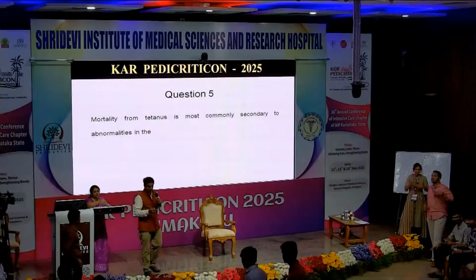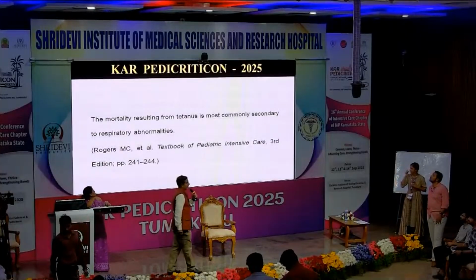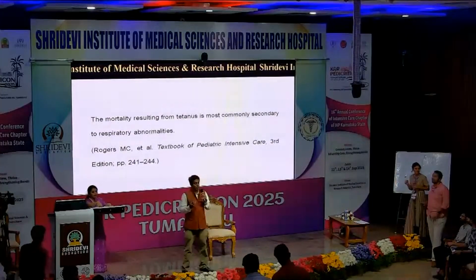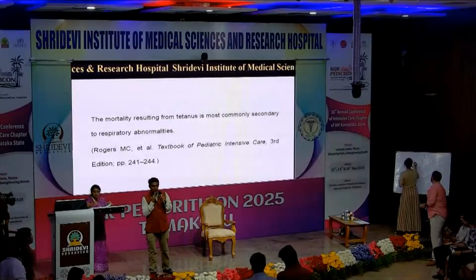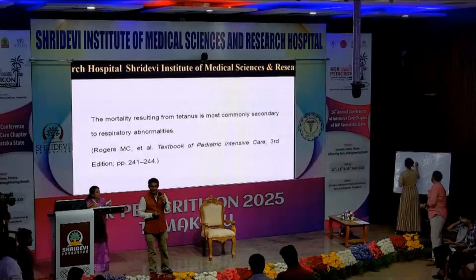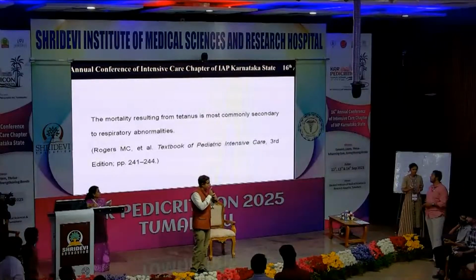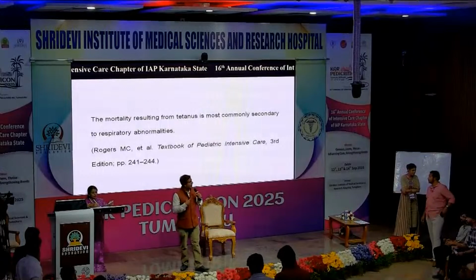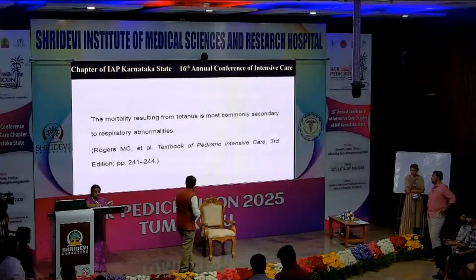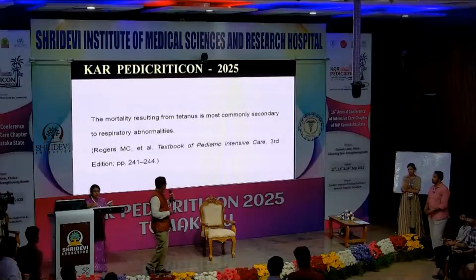Yeah, your closest is B. Its mortality is secondary to respiratory abnormalities, most commonly aspiration, laryngospasm, and hypoxemia, not CNS. CNS is relatively preserved. Fluke shot, huh? Good. So that's the most common cause of mortality in tetanus. And next is cardiac abnormalities, parasympathetic activity, and those things. B gets 5 marks.